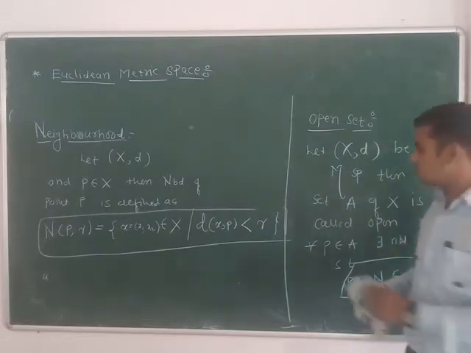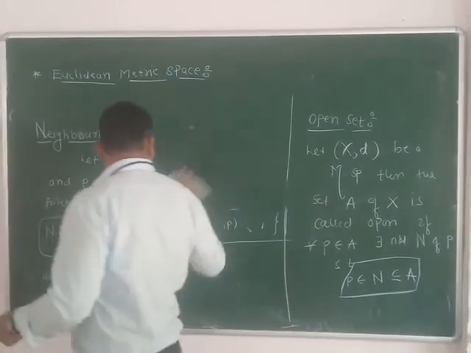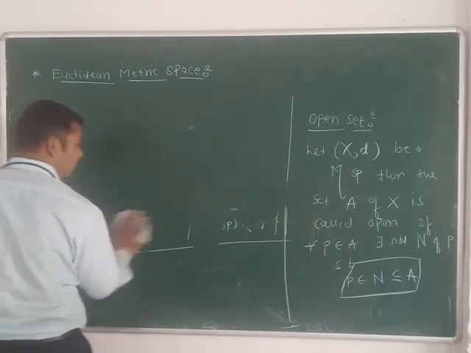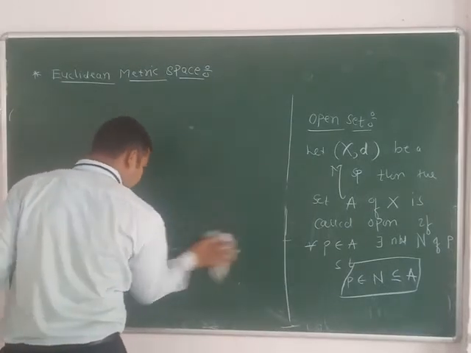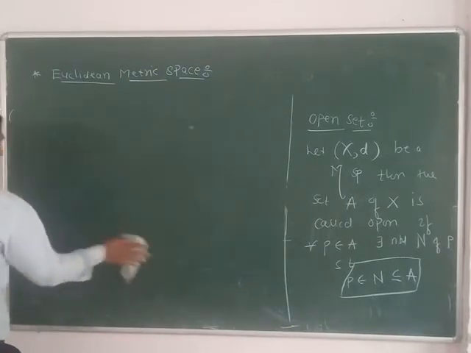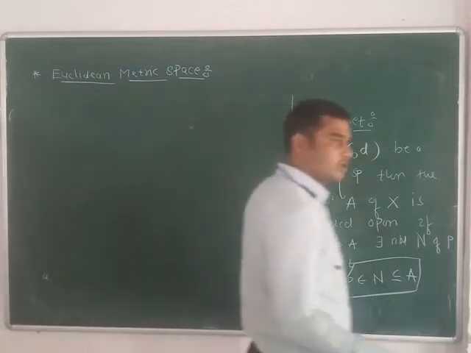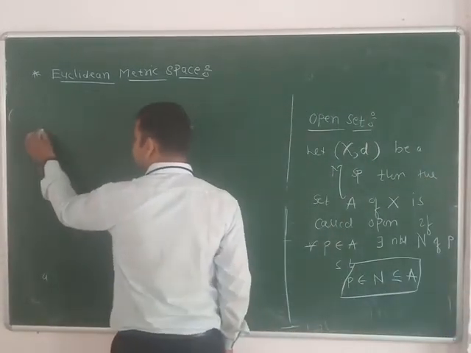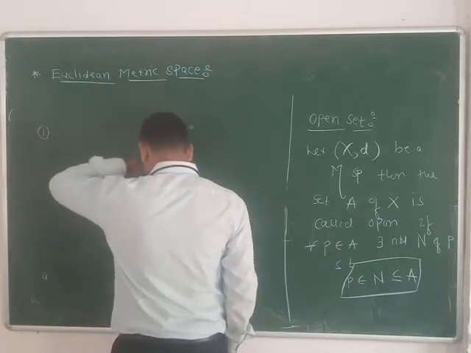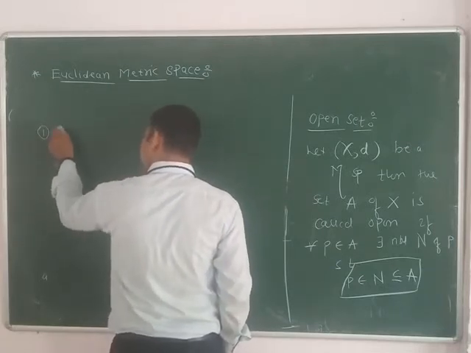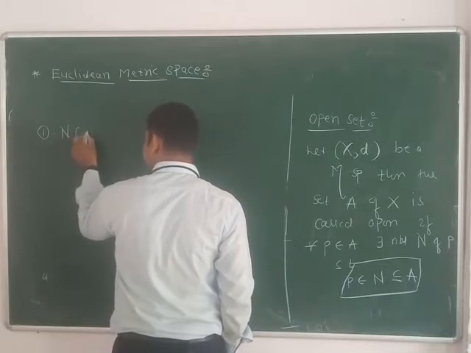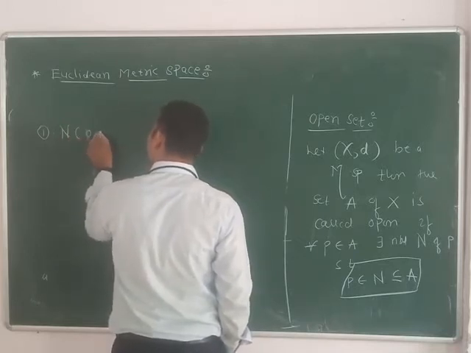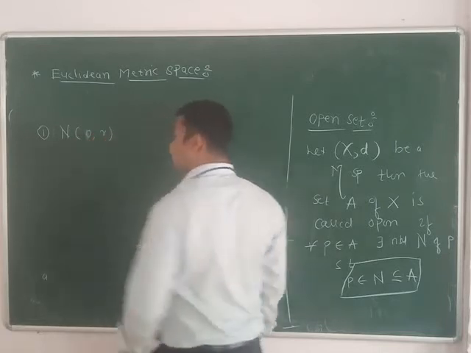So let us discuss some examples of open sets in Euclidean metric space, or n-dimensional real metric space with Euclidean distance. Let us find N(0, r).